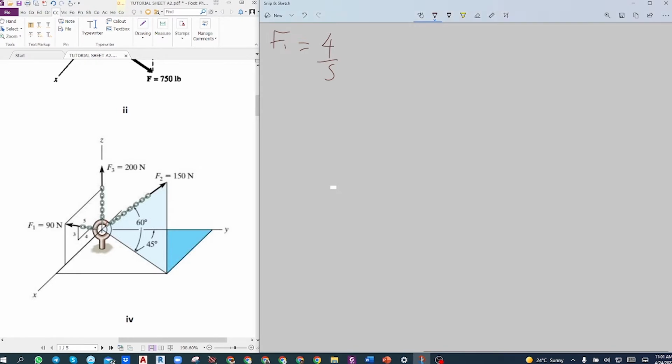So I'll say 4/5 times 90, which is the magnitude of F1. This is i, plus in the y-axis there's nothing because it's in the xz plane. That's where it is. So you have 3/5 times 90, which is in the k direction.